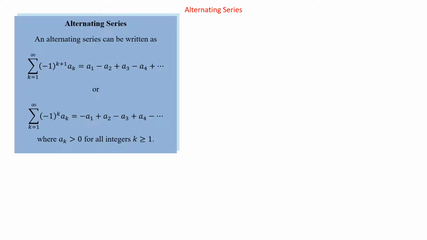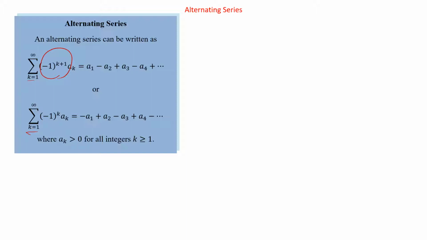And so, an alternating series comes in the form of it has this (-1)^(k+1) or (-1)^k. The difference is whether the first term is positive or negative. That's really all it is. Notice here with the k plus 1, we're starting at k equals 1 for both of these.